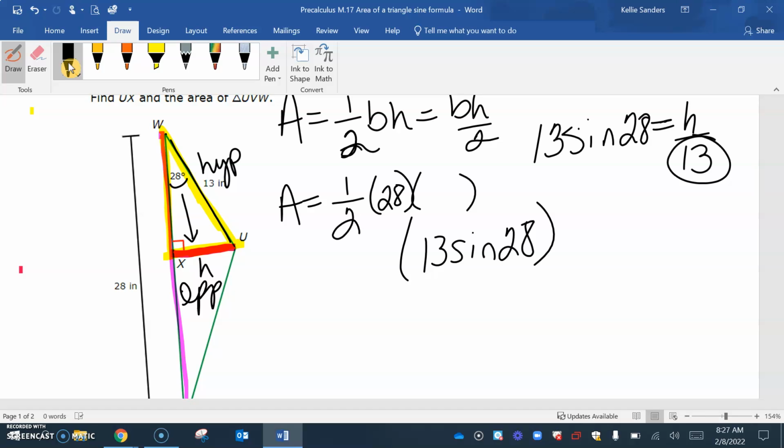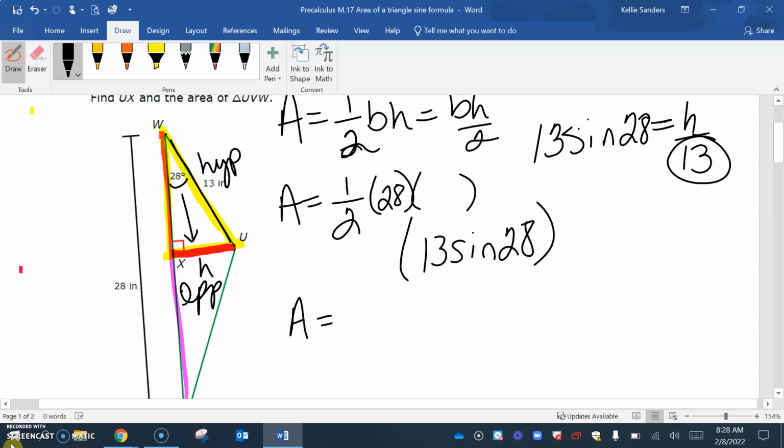So if you put 1/2 times 28 times 13 sine 28 in your calculator, yeah, it is right.